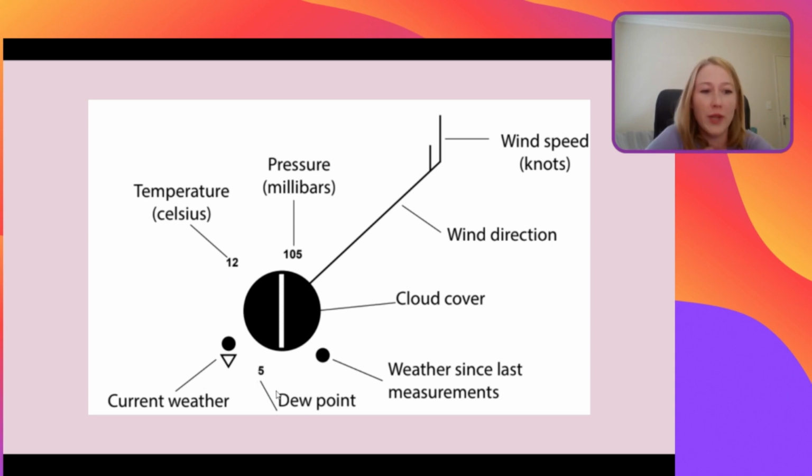Now, I don't think we've really gone into this yet, but dew point tells us what temperature the air needs to be for the water to condense. So there's pretty much always humidity in the atmosphere.